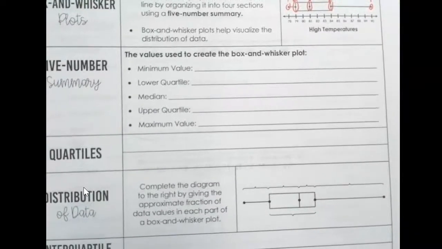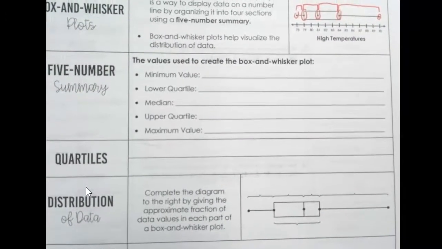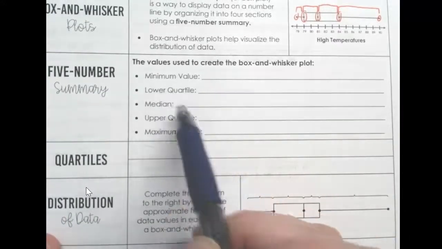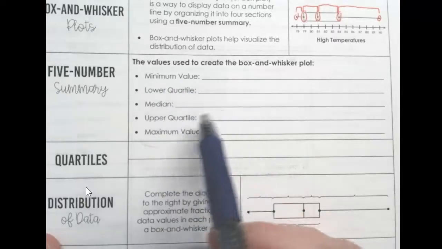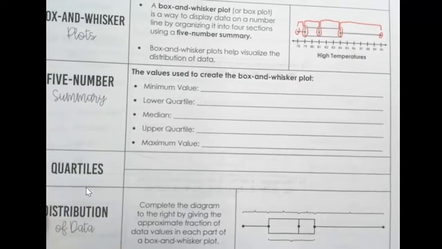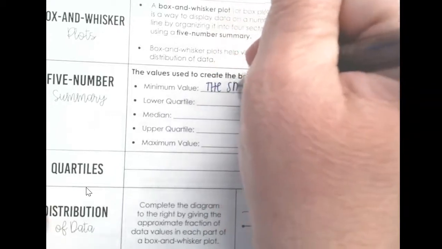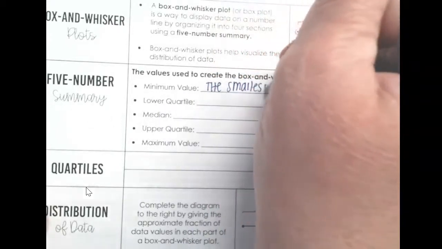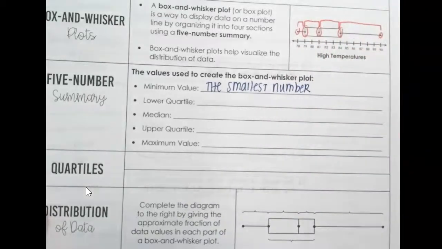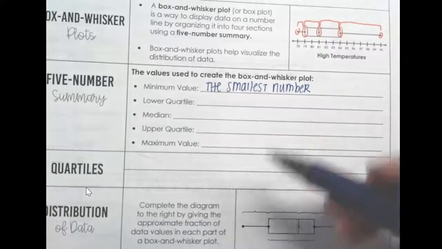So let's remind you some of the important vocabulary. If you don't know the words, it's really hard to do the math for it. So your 5-number summary, the 5 numbers are your minimum value, your lower quartile, your median, your upper quartile, and your maximum value. So the minimum value is whatever the smallest number is. And a lot of times it will just be called the minimum. I'm going to skip and do the median because we already talked about median.